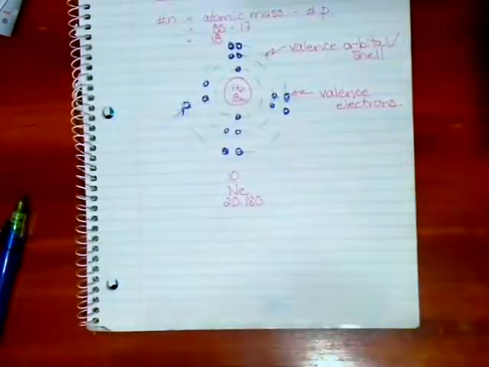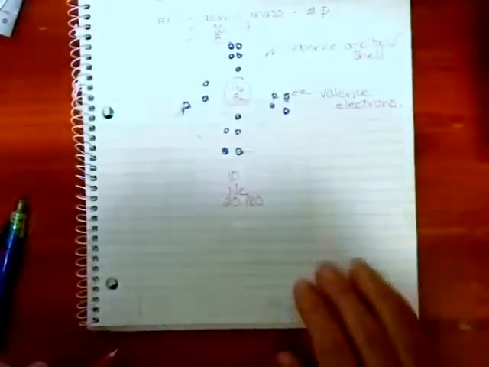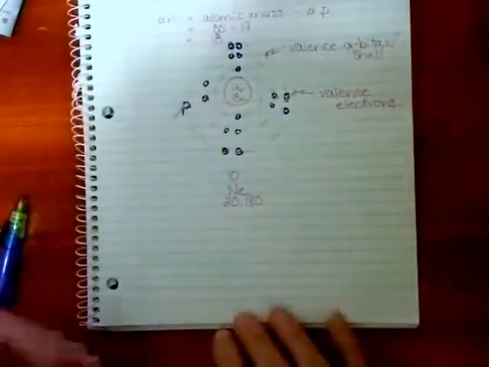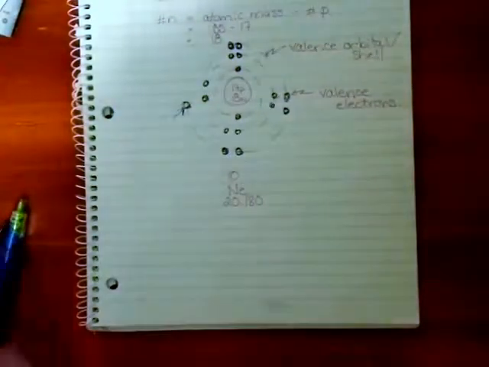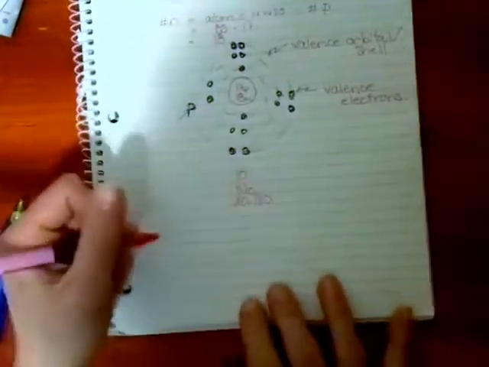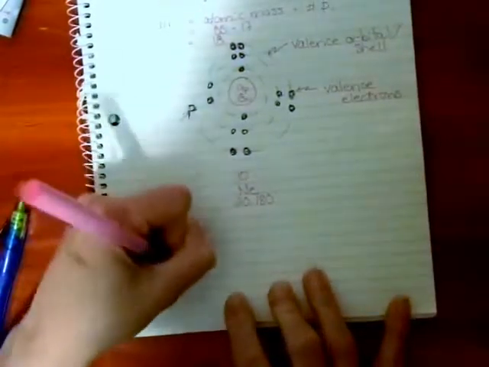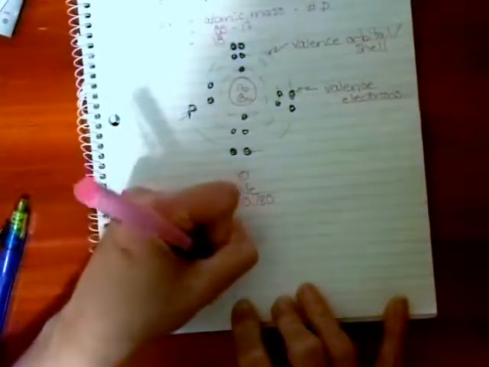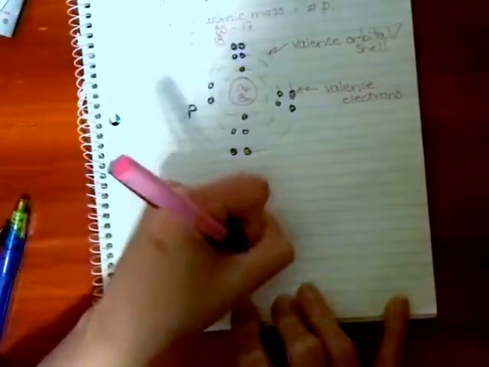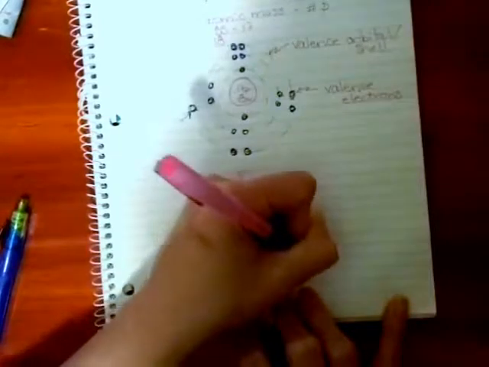Okay, so let's look at and draw neon so you can see why everybody wants to be like neon, and you can figure out what it is that makes them more stable than the other elements. So I'm going to do my number of protons, number of electrons, number of neutrons, and that equals atomic mass minus number of protons. Okay, and now I'm ready to get started.